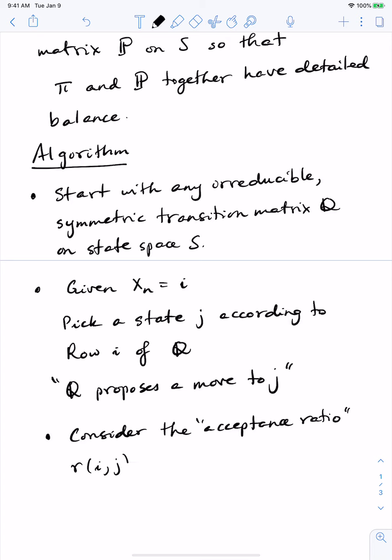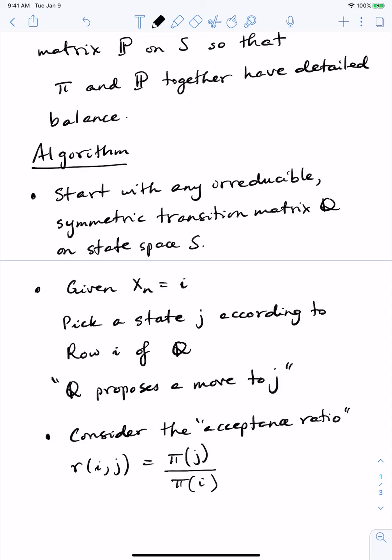Rij is going to be pi at the proposed decoder relative to pi at the current decoder. And remember, we want to move towards bigger values of pi, right? Higher scores.